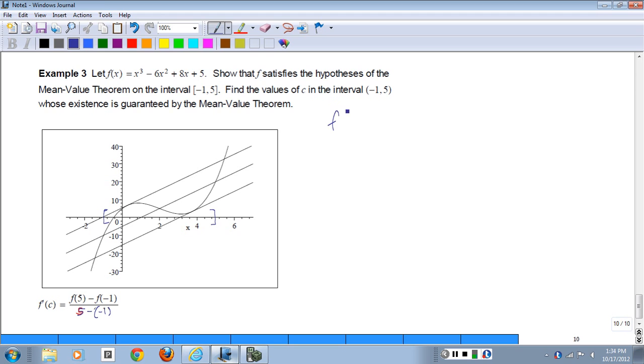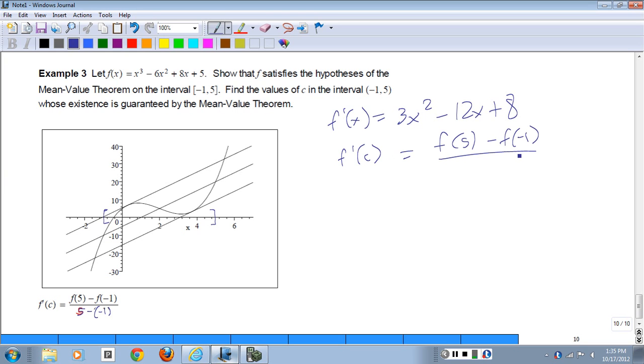Well, find f prime of x. F prime of x is 3x squared minus 12x plus 8. So what the mean value theorem says is there's a number between negative 1 and 5 such that f prime of c equals f of 5 minus f of negative 1 over 5 minus negative 1.